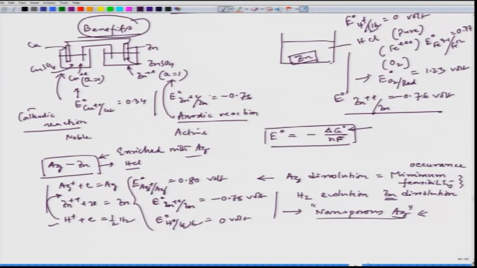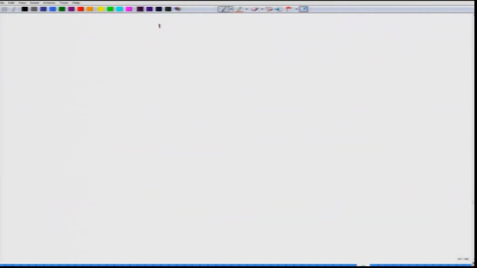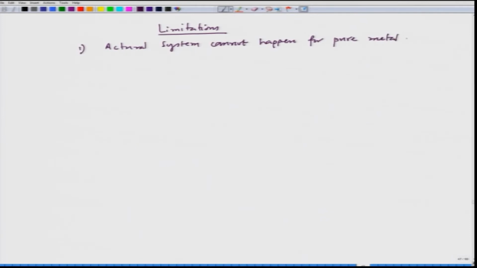But there are limitations. One is, of course, that the actual system cannot happen for a pure metal with ion of activity 1.